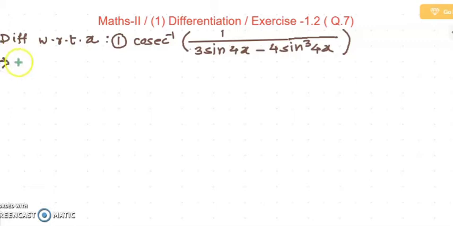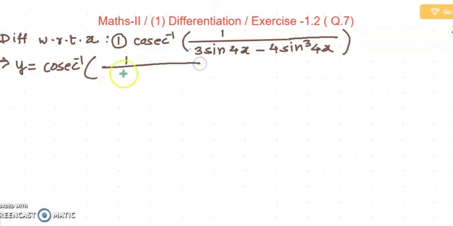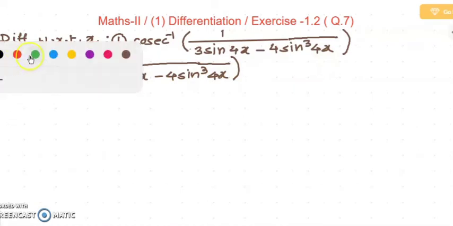First of all, we have to write it as y. Y equal to that given function, cosec inverse of 1 upon 3 sine 4x minus 4 sine cube 4x. Here I have to remember one property. Which property? The triple angle formula.